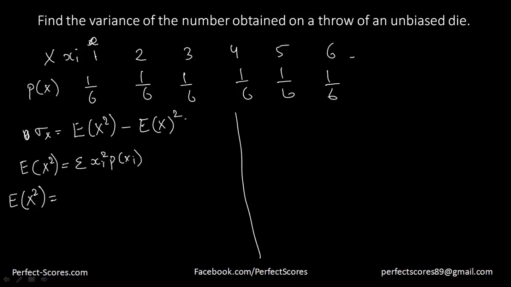So 1 square into 1 by 6 is 1 by 6, plus 2 square into 1 by 6, which is 4 by 6, plus 3 square into 1 by 6, which is 9 by 6, 4 square into 1 by 6, which is 16 by 6, 5 square into 1 by 6, which is 25 by 6, and 6 square into 1 by 6, which is 36 by 6.